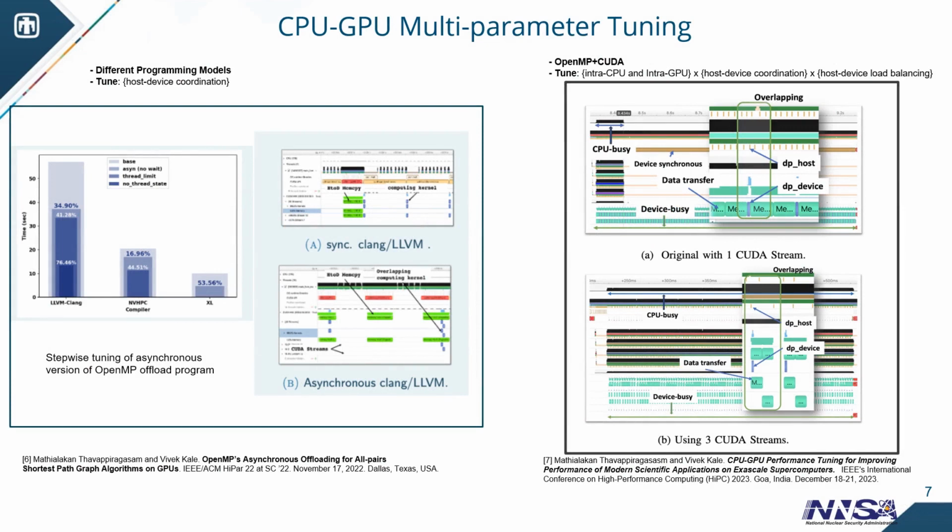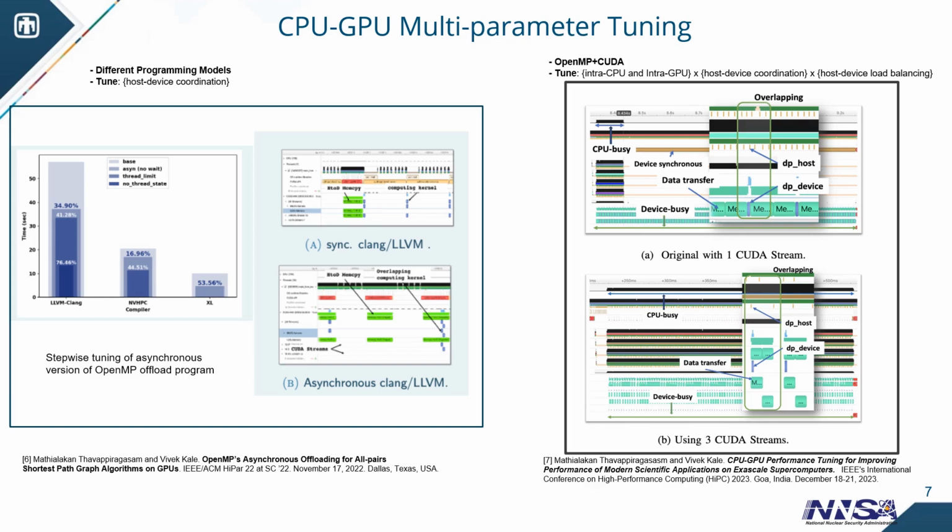Thinking of just one GPU, these plots on the left show a stepwise tuning of an asynchronous version of an all pairs shortest path graph algorithm implemented in OpenMP offload. And what we can see is that through progressive tuning of LLVM OpenMP, we can get better performance, coming close to the NVHPC compiler.